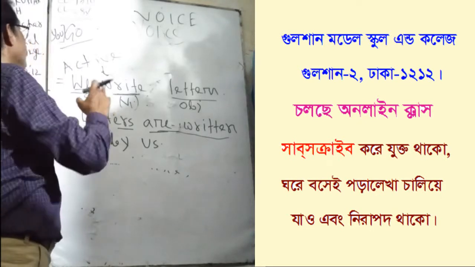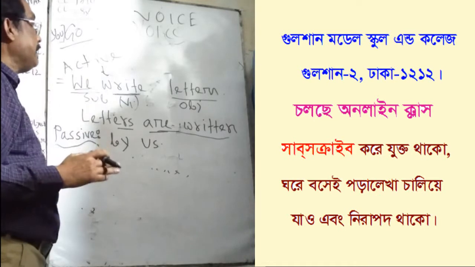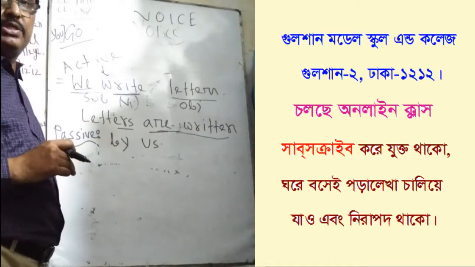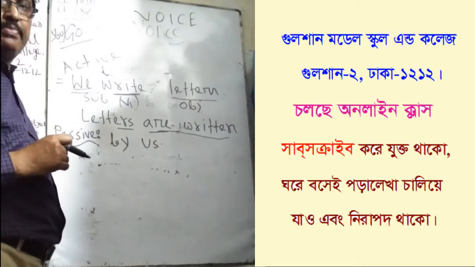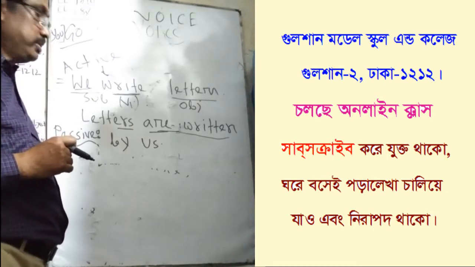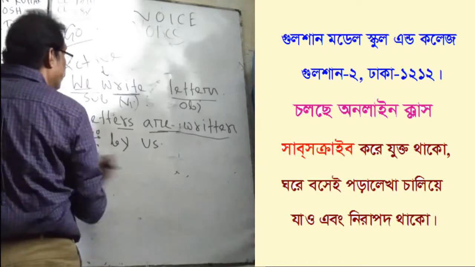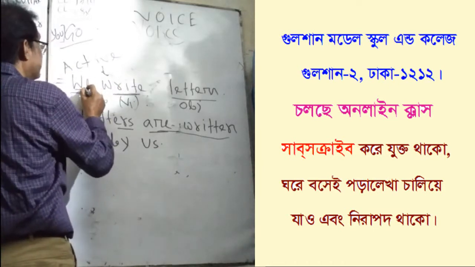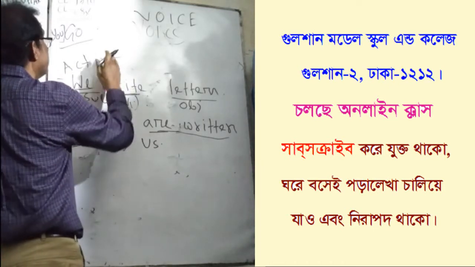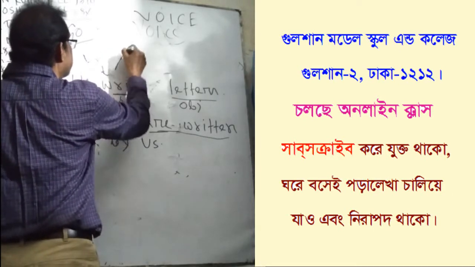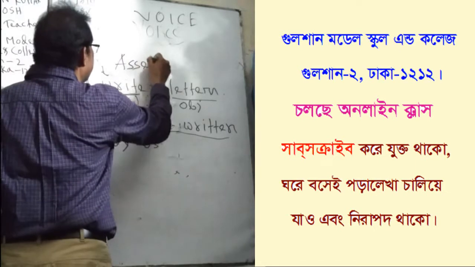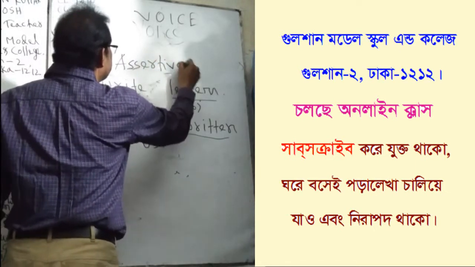If you have been given active voice, you have to change it into passive voice, and passive voice will have to be changed into active voice. Suppose you have first a subject and verb. What kind of sentence are they? They are assertive sentences.